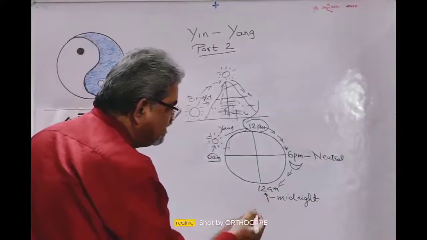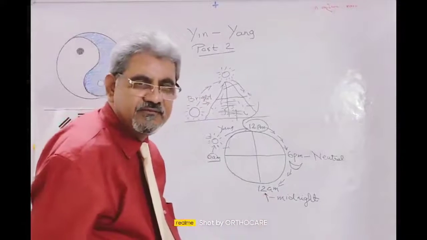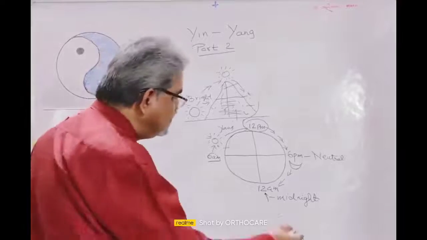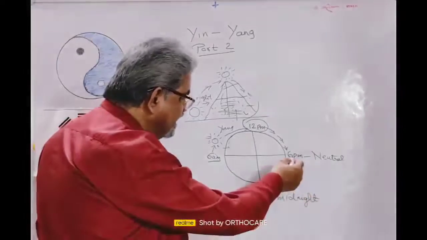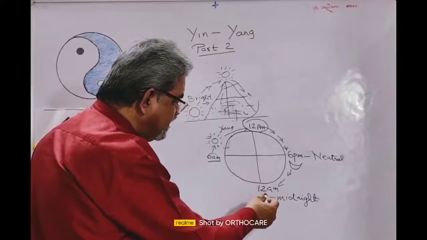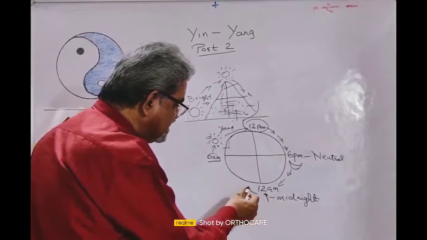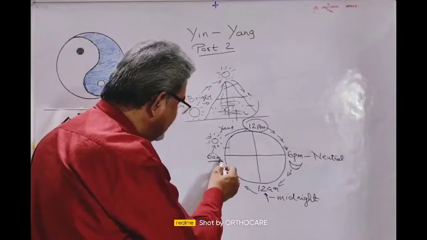So by 12 am it is midnight, and normally as we see, the day changes after midnight. So here is one reason also that the yin is at full peak at 12 am, but it starts being consumed by yang.